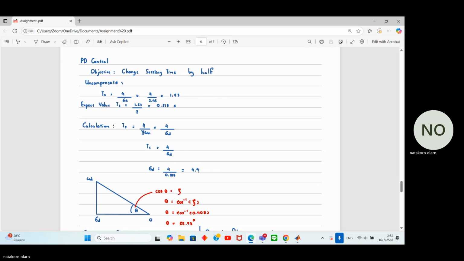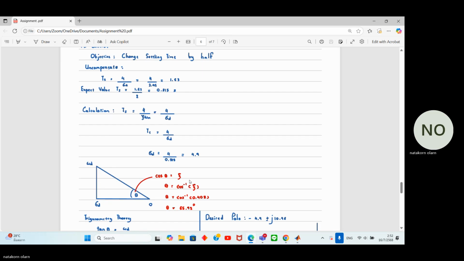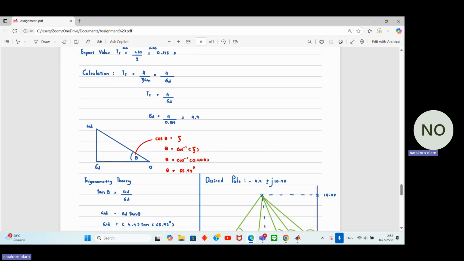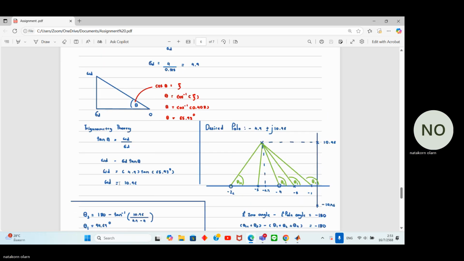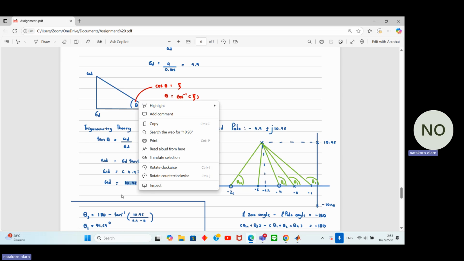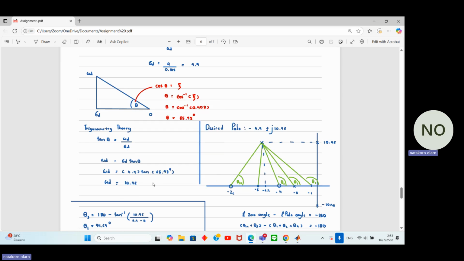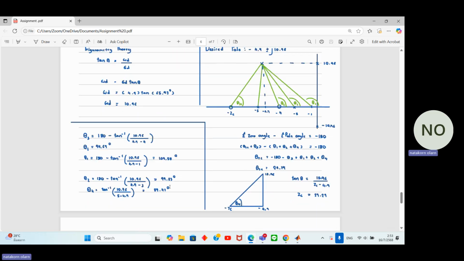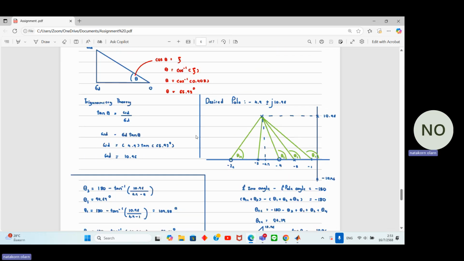I get 4.9, and then I use the trigonometry theory to calculate the pole, and then I get the pole, which is 10.96 imaginary, and then I have the design point.